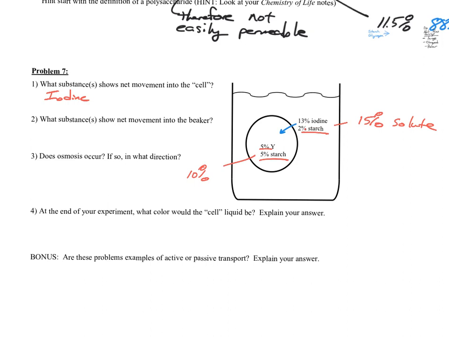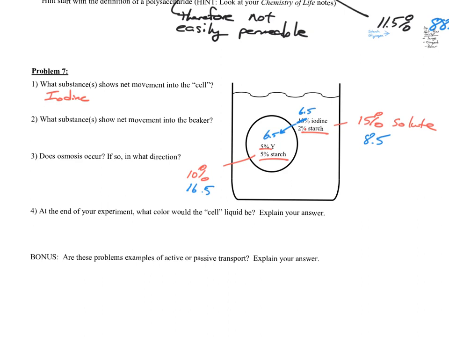Something like 6.5 and 6.5, right? So now outside it's 8.5, and inside it's 16.5. So now you went from a hypertonic to what? Hypo. So after diffusion, there's a different answer, right?